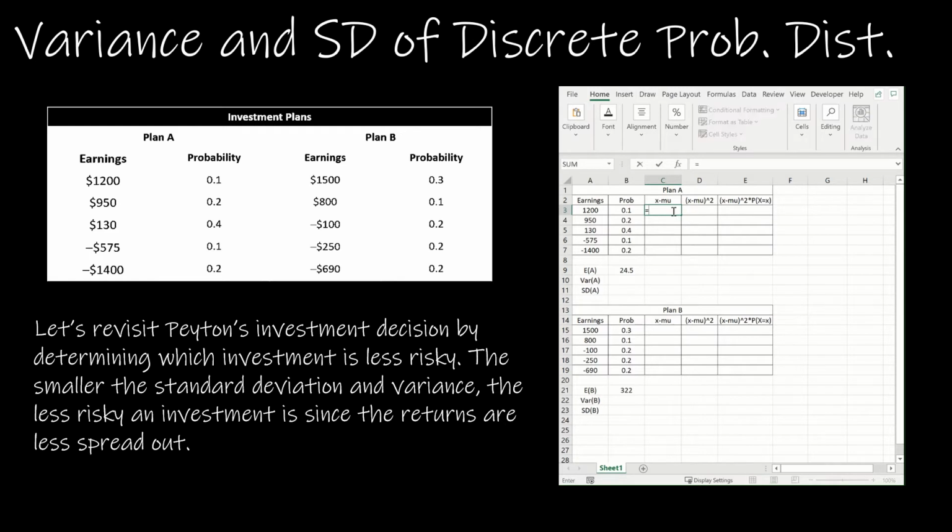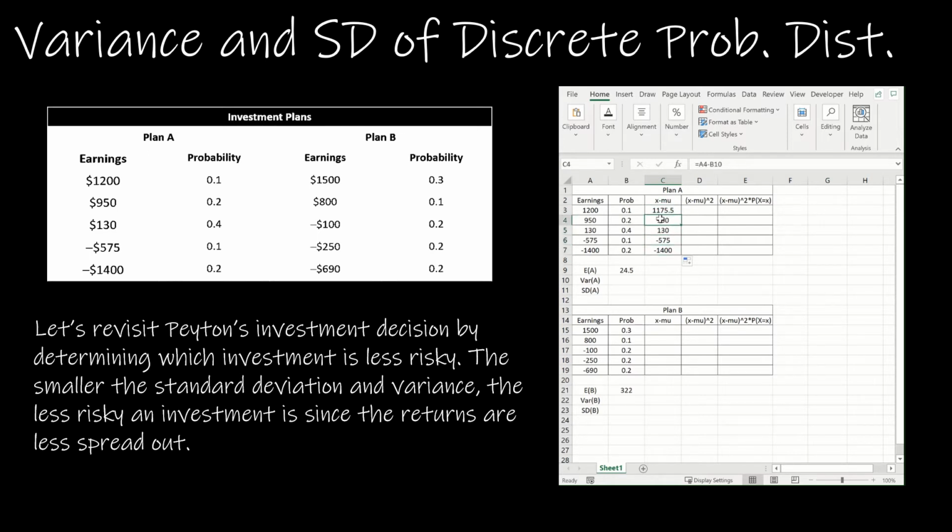So what I'm going to do here is take my x value minus my expected value. And I'm going to show you a little trick in Excel. If I have it just like this, obviously it's going to calculate correctly here. But if I copy that down, notice that yes, it's going to change this to A4 and A5 and A6 and A7, but the B value changed also.